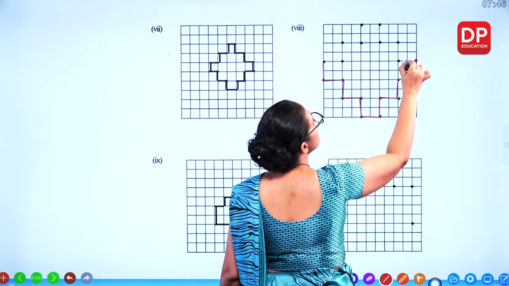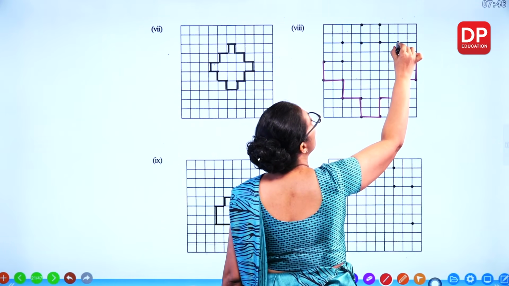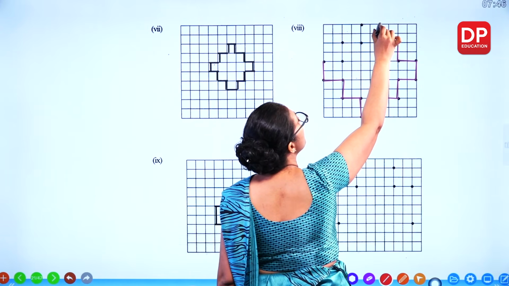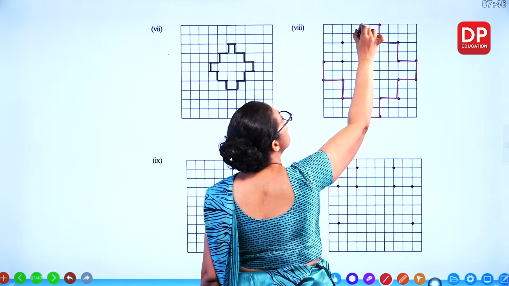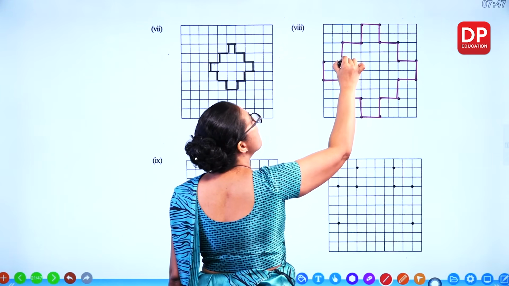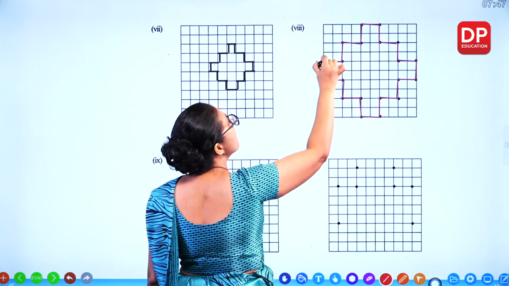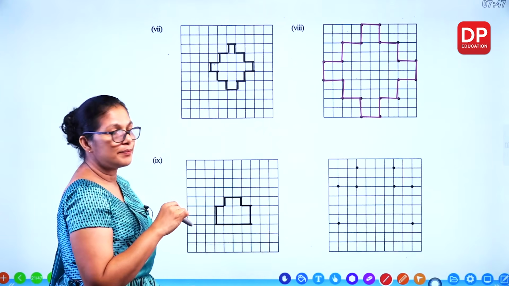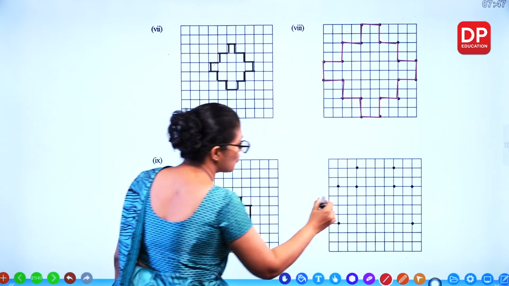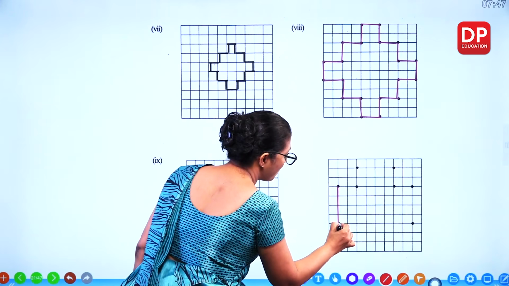You can connect these dots like this. All the lengths are twice the previous one. That's the diagram. This one, 2 squares here. So 4 squares this way.